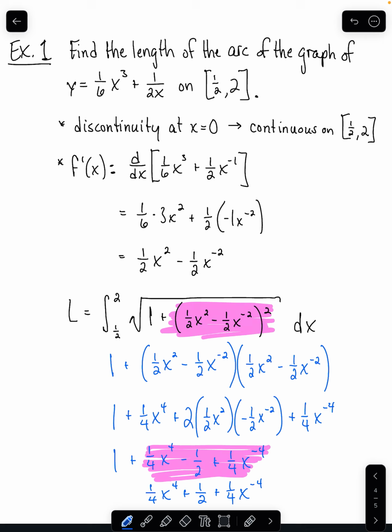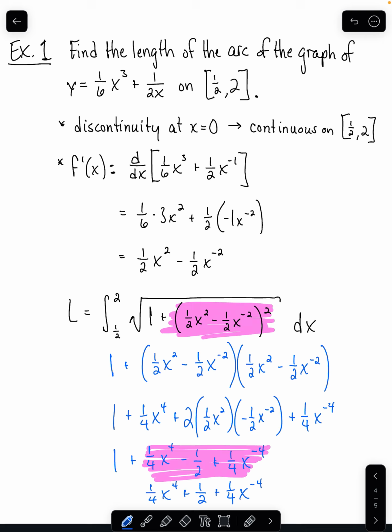So our entire integrand is now going to change to 1/2 x squared plus 1/2 x to the negative 2 squared, all underneath that square root.